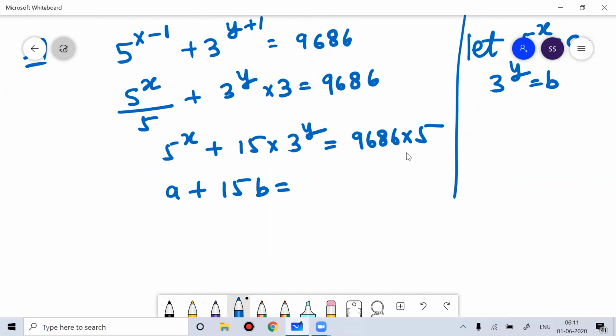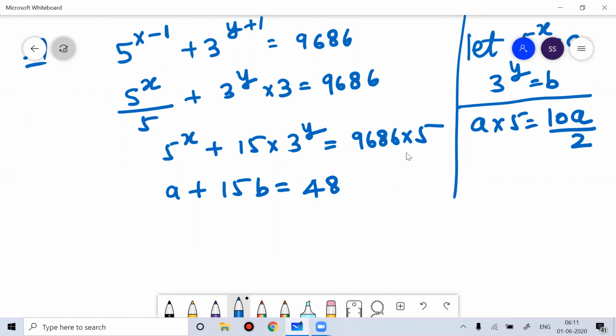In my Vedic maths video, I have discussed how to multiply any number with 5. The best way of doing it is to multiply by 10 and divide by 2. If I do this, I'll get 48430.